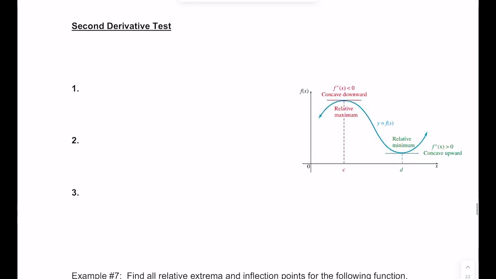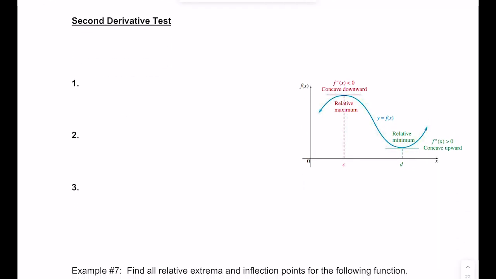All right, so last concept in this section, second derivative test. Concavity can be used to help us decide whether a given critical value produces a relative max or min.